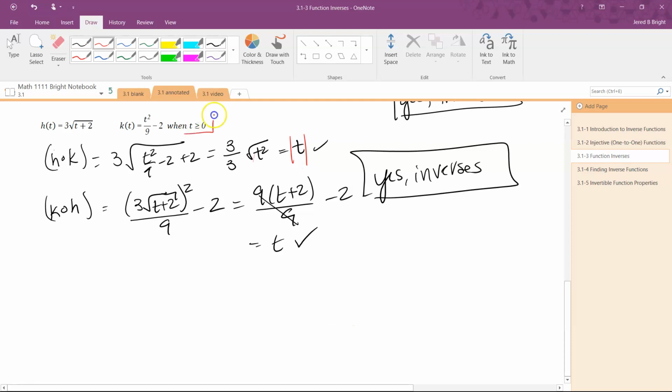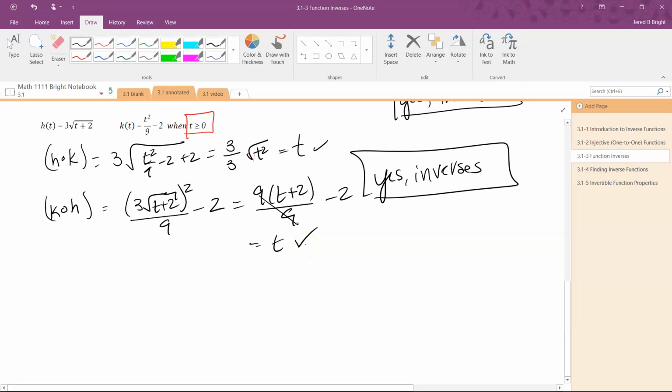But because of the domain that we're on, k already guaranteed that t was greater than 0, so we can really just get rid of the absolute values. Square root of a square, absolute value. When we square a square root, though, it doesn't matter. And so here in the other order, we end up getting t, so then they are inverse functions.